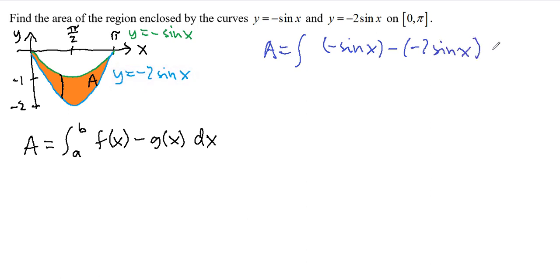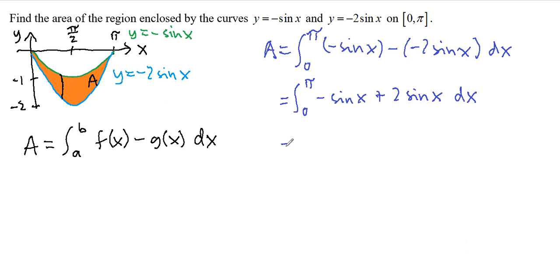We have decided to integrate with respect to x, and we see that our bar runs from 0 all the way through to pi. Let us simplify the integrand, and so this is the integral from 0 to pi of negative sine x plus 2 sine x dx.